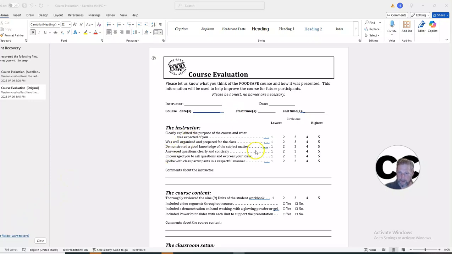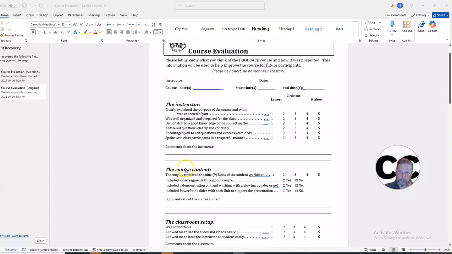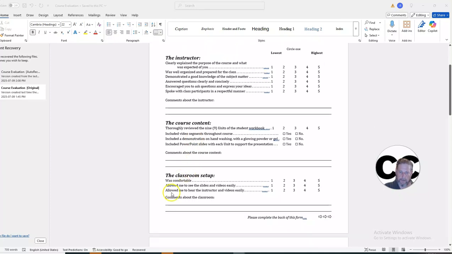This evaluation is on a scale from 1 to 5 for most of the points that they brought into this evaluation. Lowest being that they felt it was not meeting the mark, and highest being number 5, that we were. It's broken into different sections about me, the instructor, how well the content is being delivered, how the classroom is set up, the comfort, which is always important.